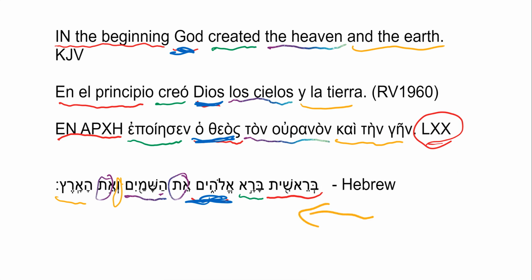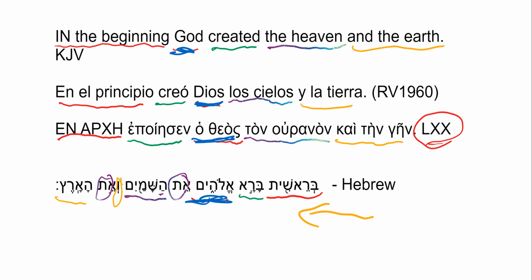And so let me read this all woodenly in a sort of a bad English translation. Okay, so in King James, we have, in the beginning, God created the heaven and the earth. In Spanish, we would have, in the beginning, he created, God, the heavens and the earth. Now, we're not saying he created God, because the way that is spelled, we know that God is the subject and creó is the verb. It's just that they switch that up in Spanish.